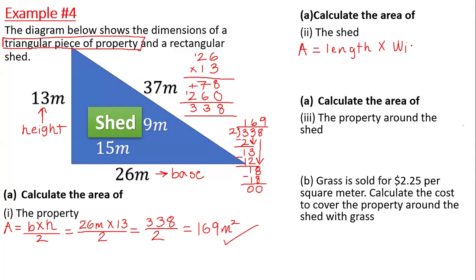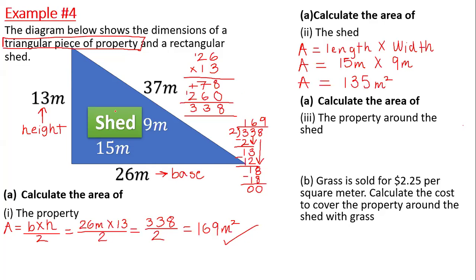The length in this case is 15 meters, times the width, which is 9 meters. 15 times 9 is what? 135. 135 meters what? Meters squared.